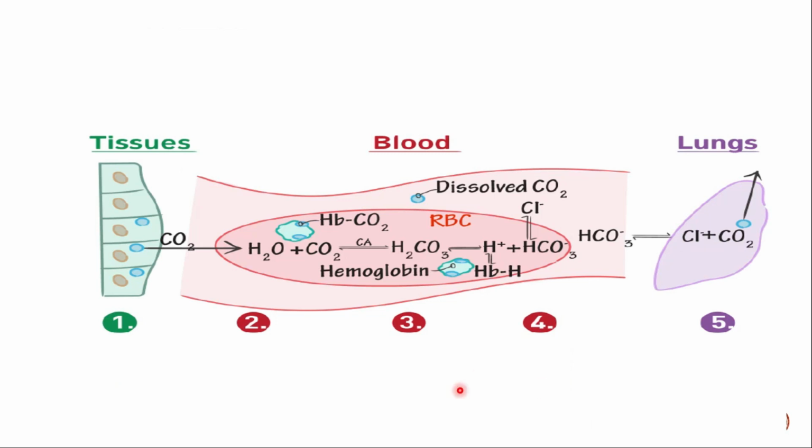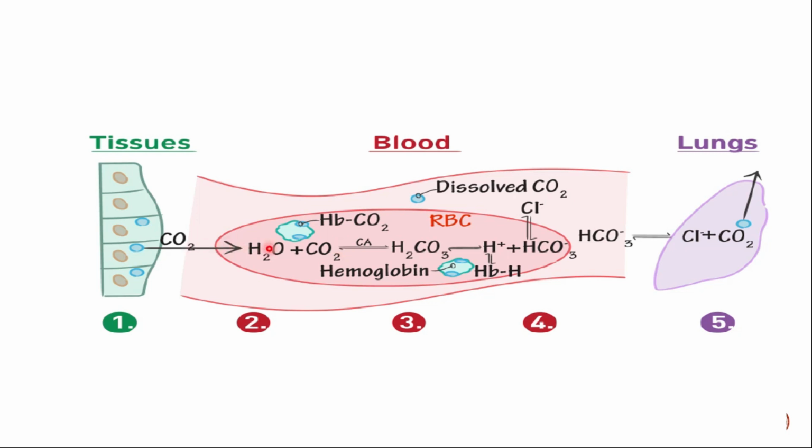So this is the overall process occurring for carbon dioxide and oxygen transport. That is, oxygen coming from the lungs enters the blood and goes to tissues for metabolic activities and other processes, and also provides energy to tissues and muscles to work properly for routine work, while carbon dioxide generated here enters the blood and takes an inverse pathway to the oxygen.